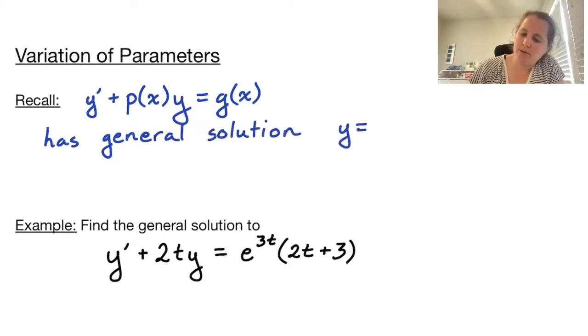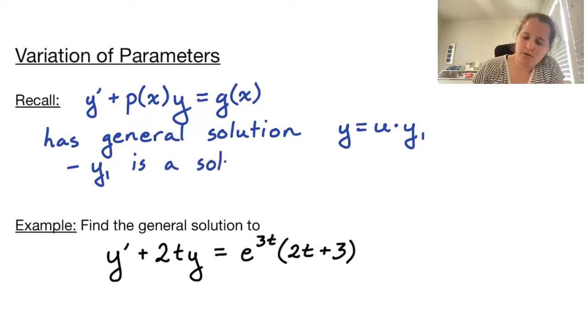y equals u times y1, where y1 is a solution to y prime plus p of x times y equals 0.